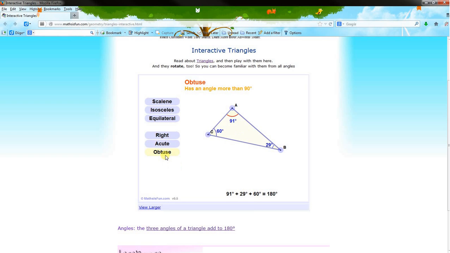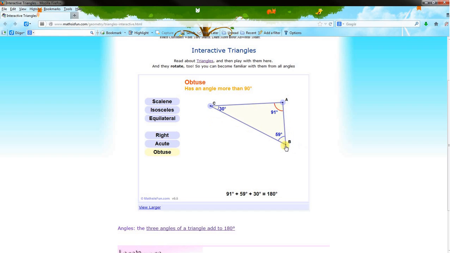An obtuse triangle has an angle of more than 90 degrees. Okay, so let's pay attention to vertex A. And notice what happens when I try to move the two vertices close to one another.